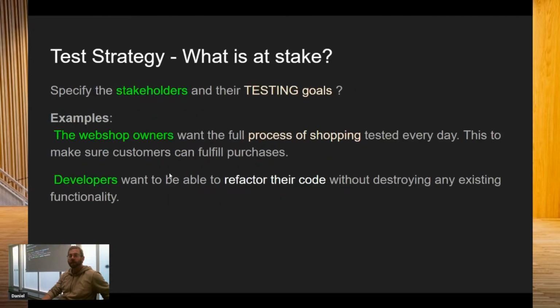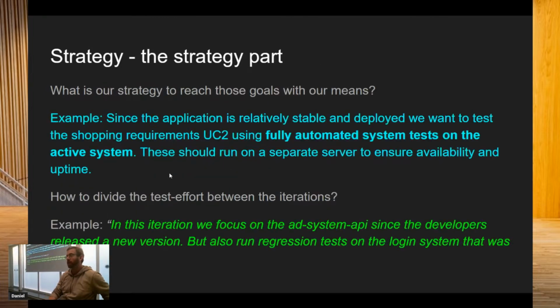Okay, so if we have goals and we have means, then we can form a strategy. So an example for an application: since the application is relatively stable and deployed, we want to test the shopping requirements in use case 2 using fully automated system tests on the active system.